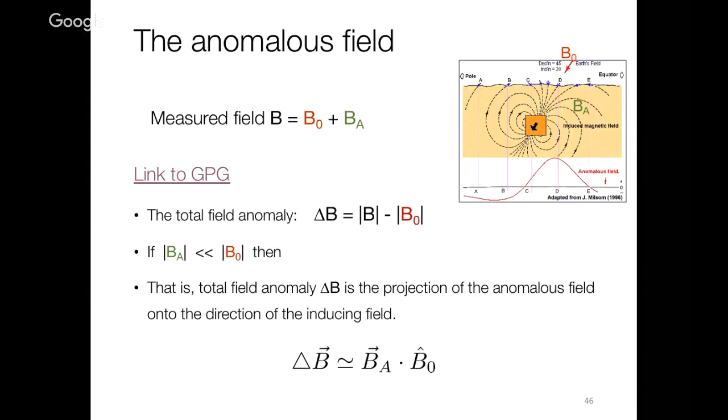I spoke too quickly. Okay, so your question was, can you ever get a total field that's actually less than B naught?